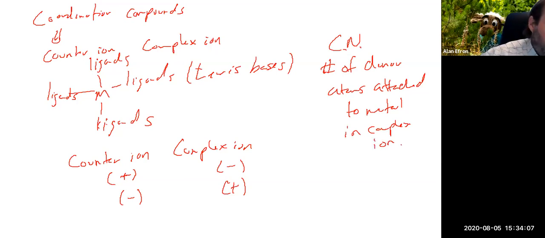And that's really important because it does depend on the ligand, which is a Lewis base and an electron pair donor. There are certain ligands which are, as we know, monodentate. There are some that are bidentate. There are some that are polydentate, right?